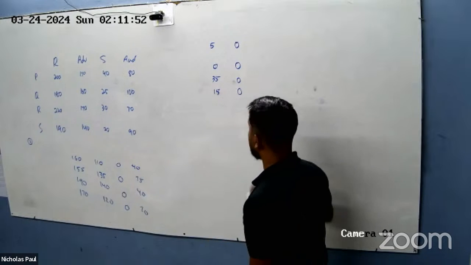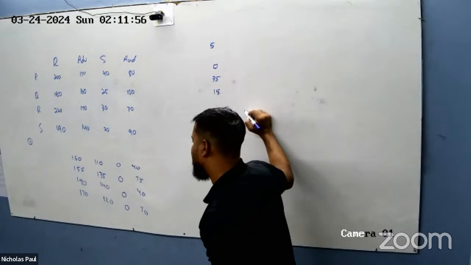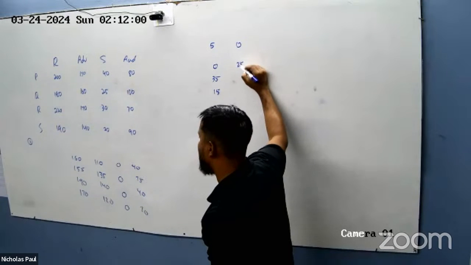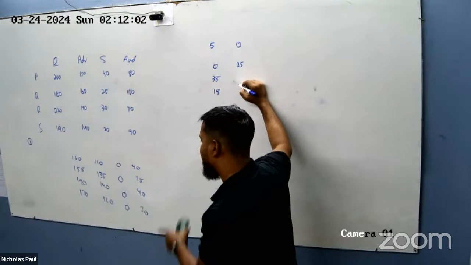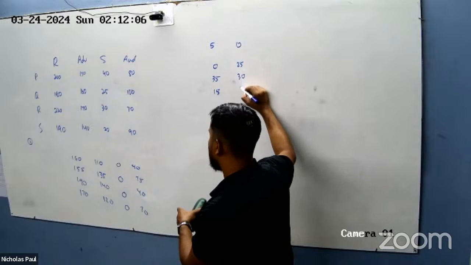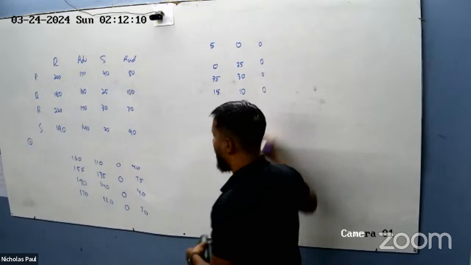Next is what? 110. So that's 0. This is 25. This is 30. And this is 10. Then you have your 3 zeros.